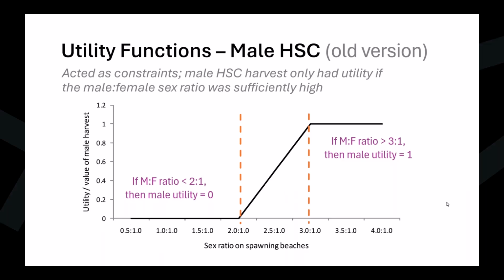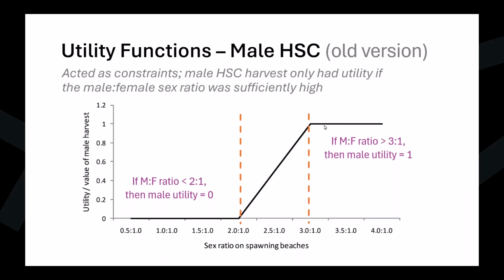And the idea here is that if we had enough males to ensure full fertility, then extra males could be valued or could have utility in a harvest. So the idea was to set a similar threshold where below an efficient or necessary sex ratio, there would be no utility to harvesting males. And then above that critical ratio, you would have full utility for male harvest.